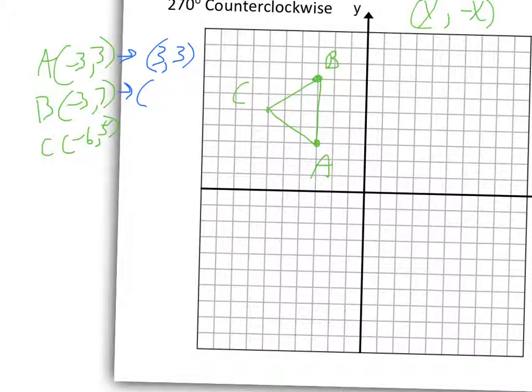So our y becomes our x, so that becomes 7, and negative 3 becomes positive 3 as our y coordinate. 5 becomes my x, and negative 6 becomes 6 as my y. We graph these points. Make sure you label them as you do it. 7, 3, and 5, 6.